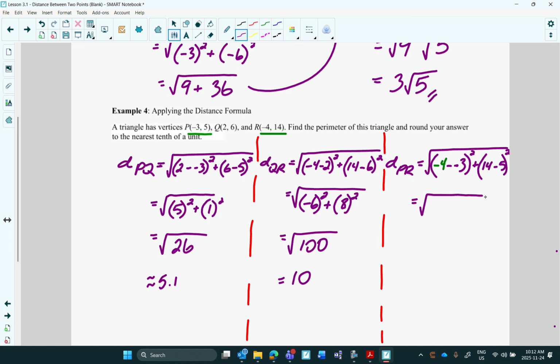So -4 subtract -3, this becomes plus -1, and we got to square it, plus 9 squared. Well, this is 1. This is 81. 82, which we're going to have to use a calculator. 9.1.